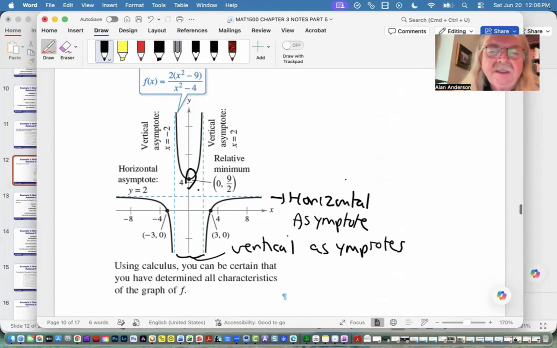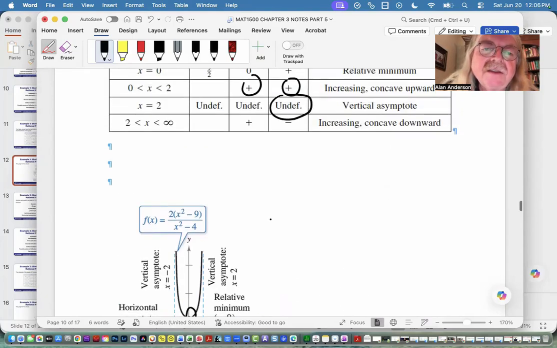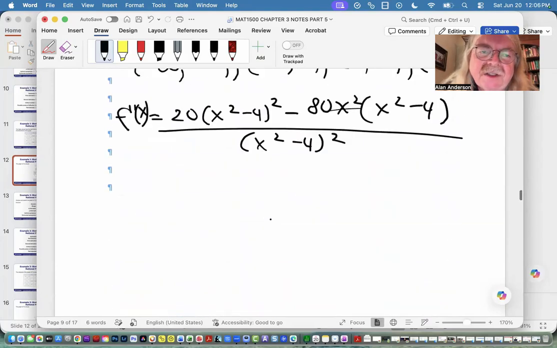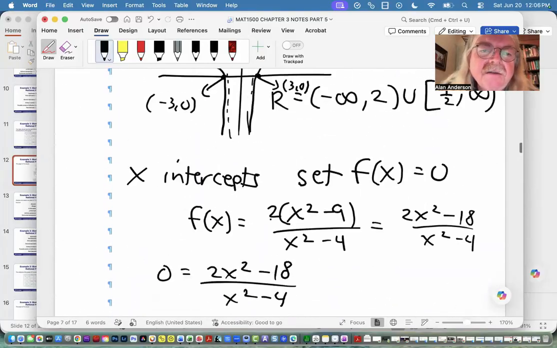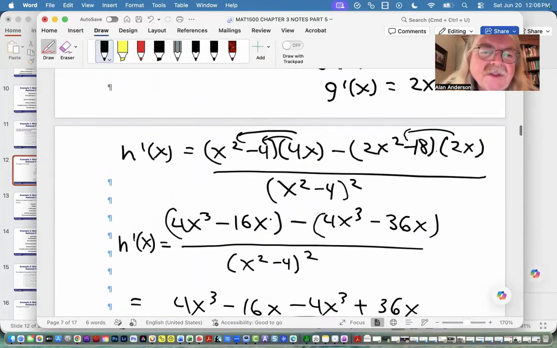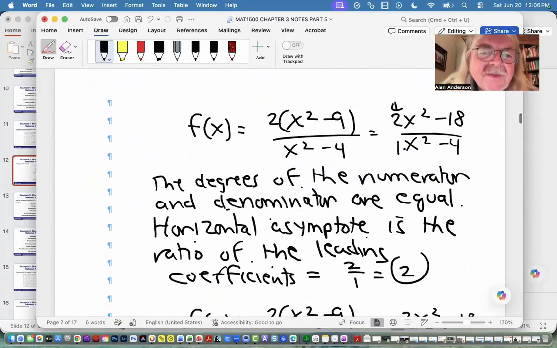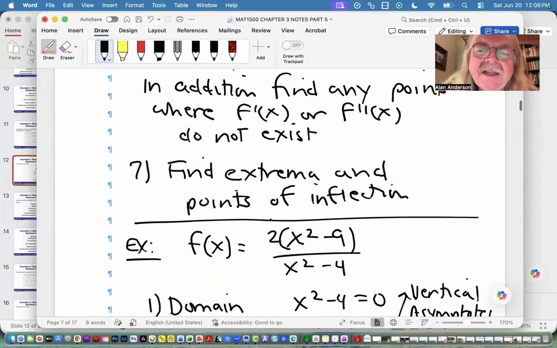And so we really did a good job of finding all these details. It's still going to be tricky to sketch something like this, but at least we have all the information that we really need. But you can see there's quite a few details here. In fact, if I remember correctly, we were labeling these, numbering them, I mean, and what was it, seven? At least seven different things we need to test to fully analyze this graph.